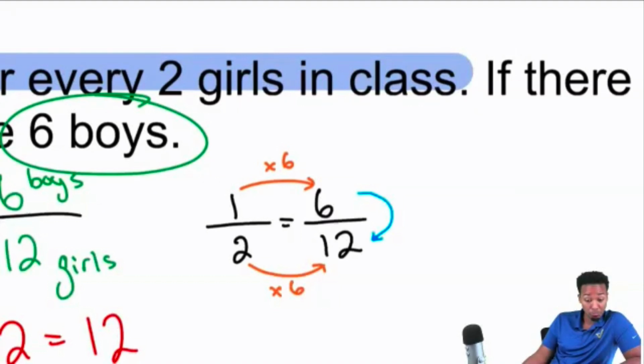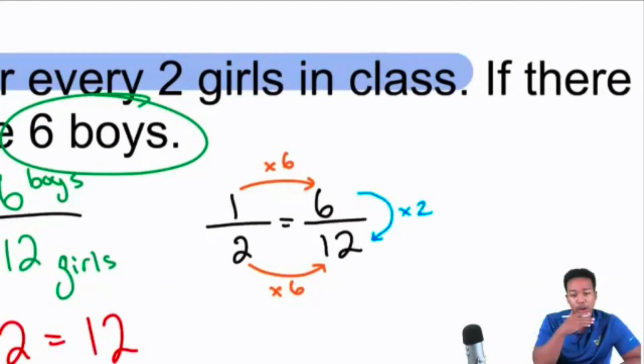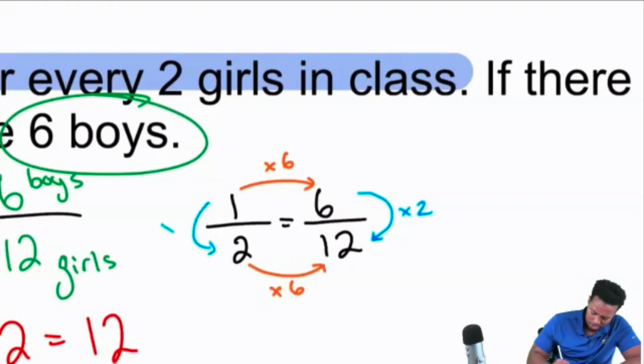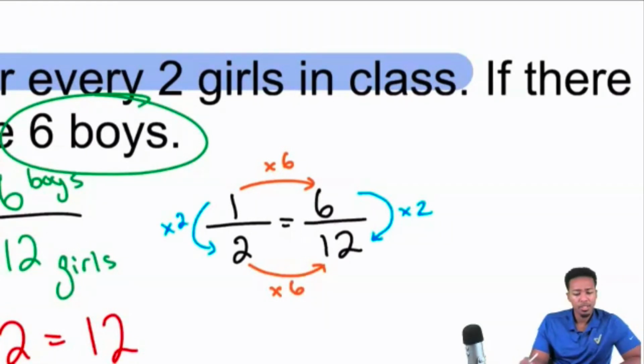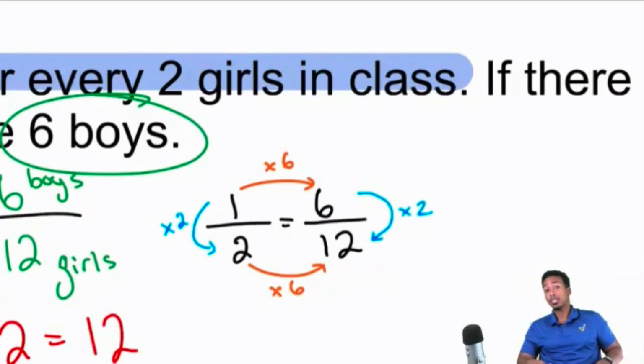Times 2. 6 times 2 is 12. Everybody, if I compare top to bottom on the other side, does that still work? It does.